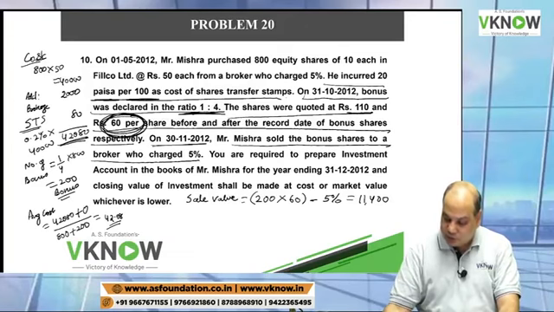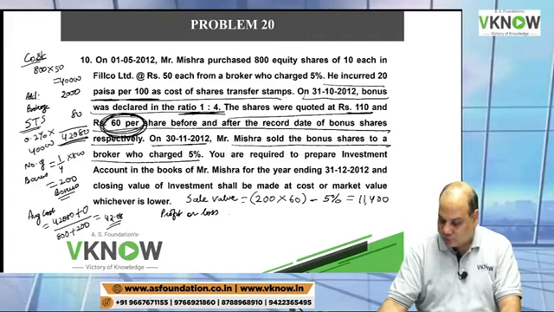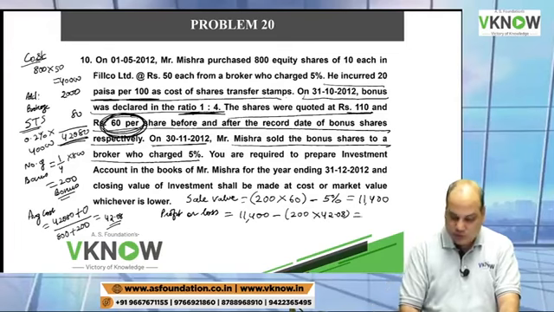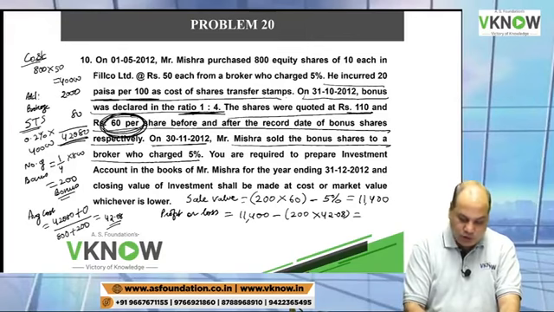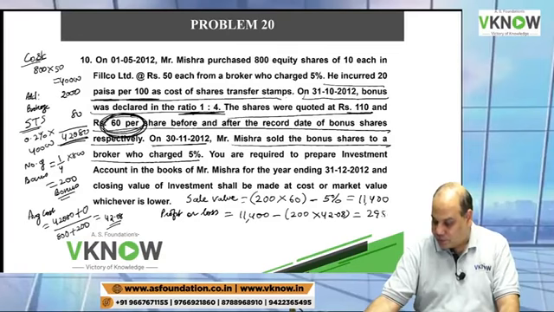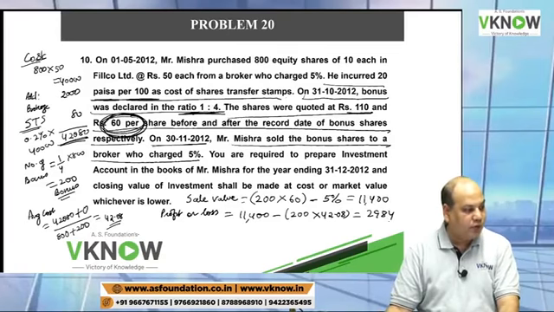Brokerage deducted is 400. So what will be the profit or loss? 11,400 is your sale proceeds. Cost will be 200 shares into 42.08 average cost. So please try 200 into 42.08. Compare with 11,400. So you have a profit of 2984.